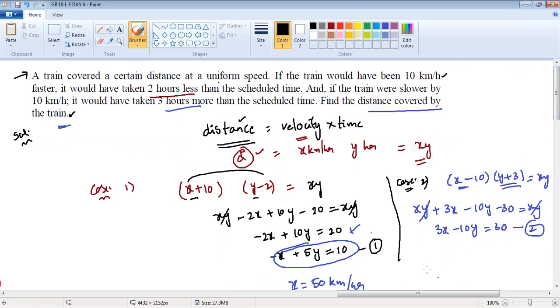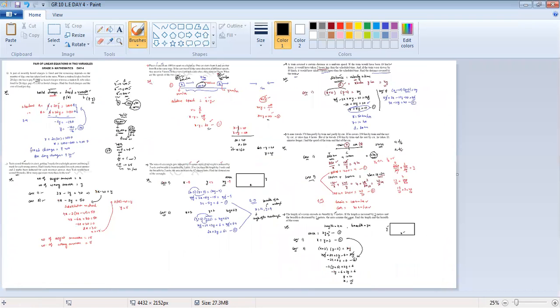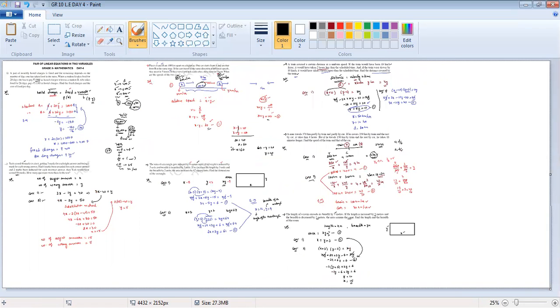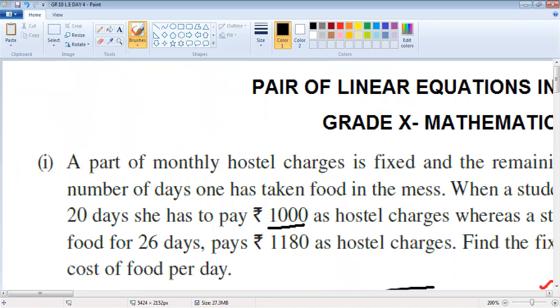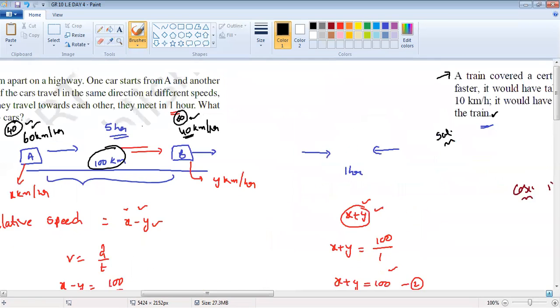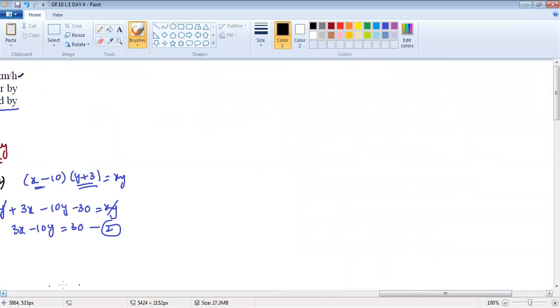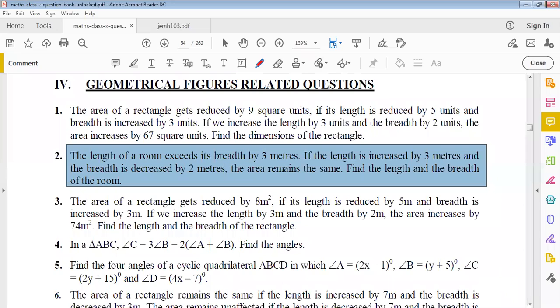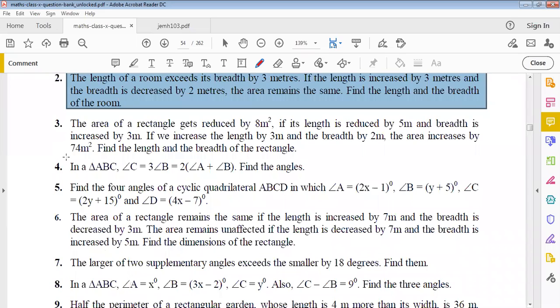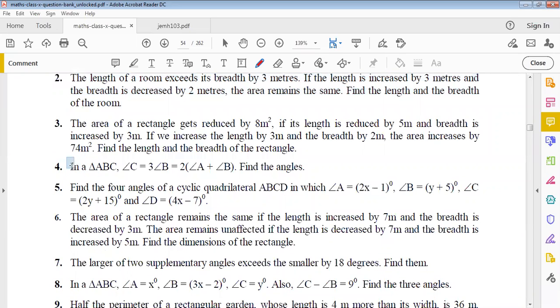Right. We'll go for one more question. This question is normal, and this model we will do later.